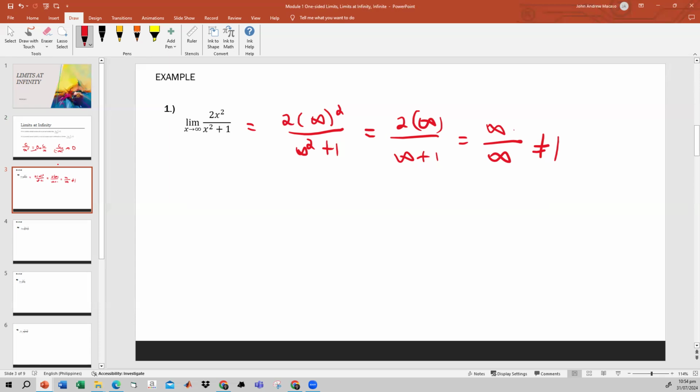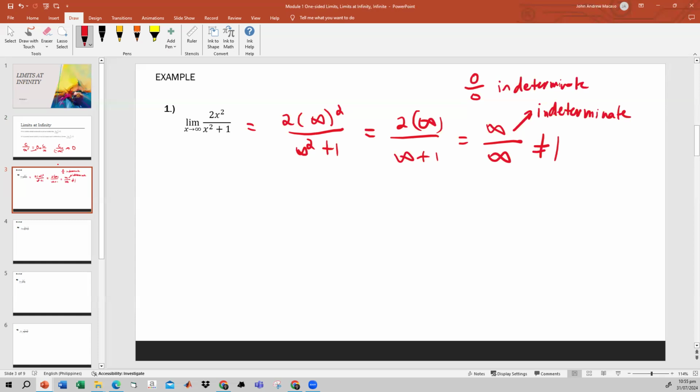This infinity over infinity is called indeterminate in form in calculus. Please remember that 0 over 0 is indeterminate in form as well. So in that case, what we'll do is use some approach that enables us to answer this.